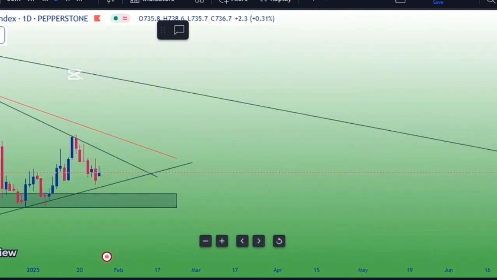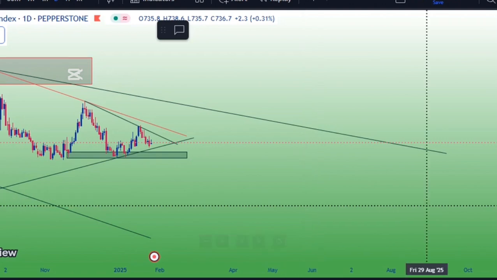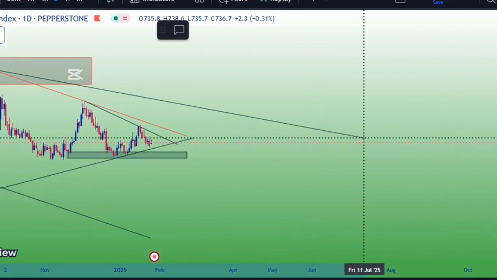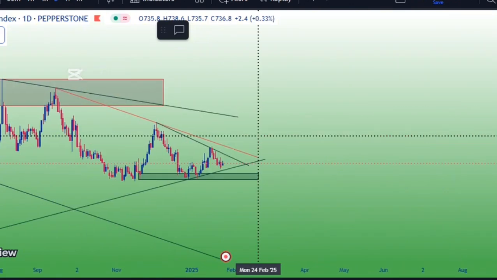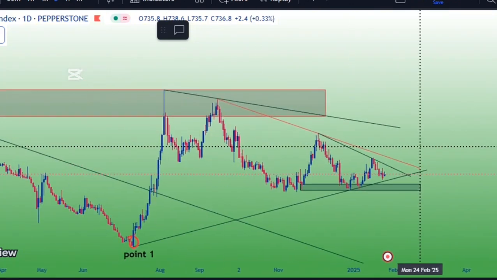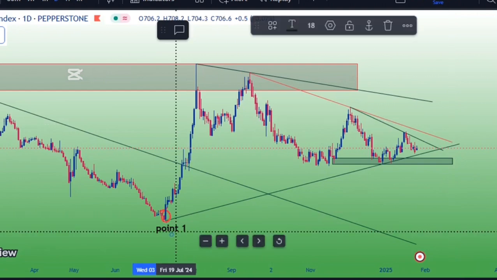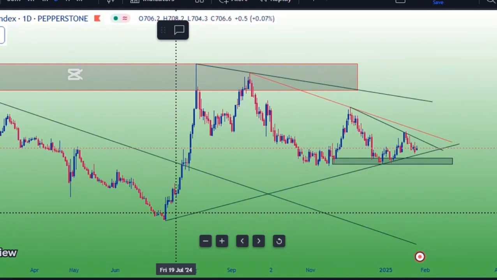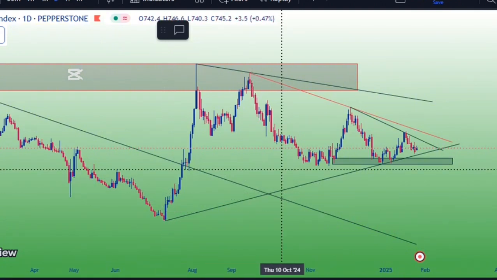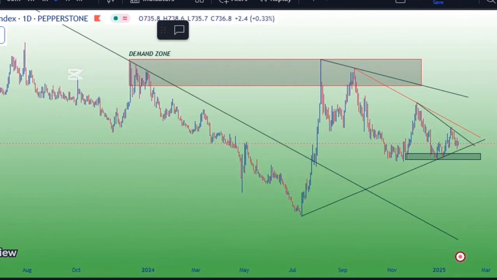So I guess this is also something again which I'm observing here. You see this trend line, you can see on the weekly. Let me go back to this weekly. That's what I want to show you. On this weekly, this trend line, you can see here, this point 1, point 2, you can also see the point 3 is broken.